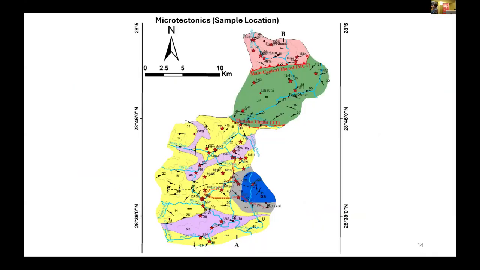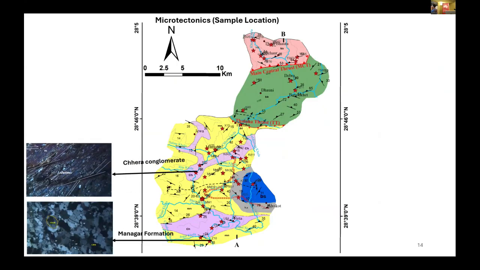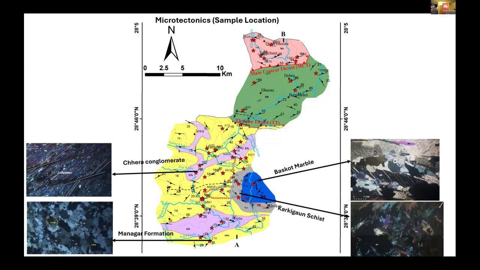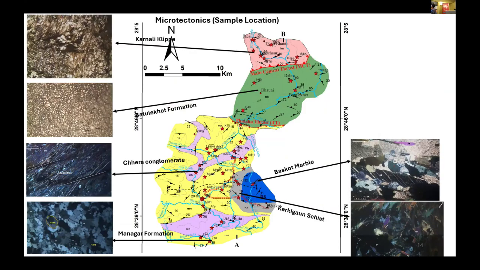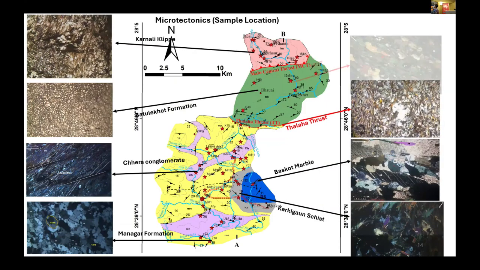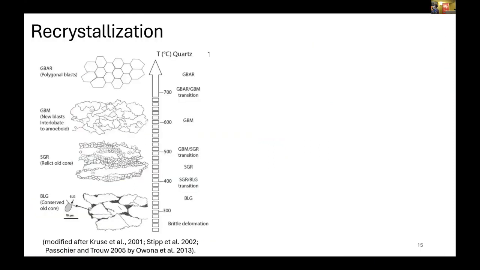This is the sample point where we carried out microtectonic analysis. We analyzed different geological units and major geological structures as well. We analyzed recrystallization features, where the geometry of quartz grains represents the temperature of recrystallization during deformation.